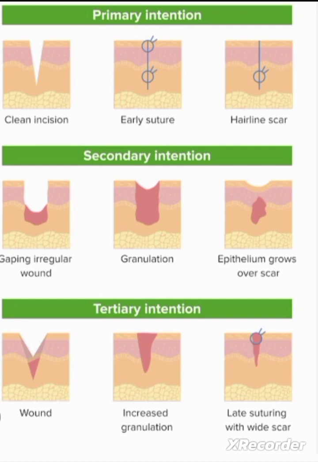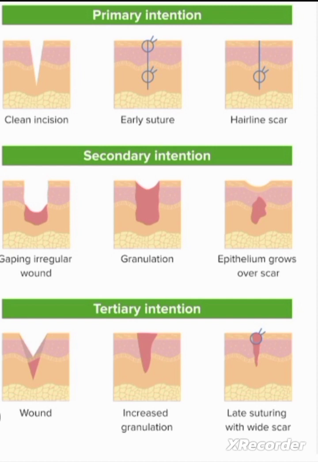Next one, tertiary intention. In tertiary intention, there will also be delayed wound closure. The wound will mostly be a contaminated wound. In secondary intention there may also be a chance of contamination, but in tertiary intention the wound is contaminated.